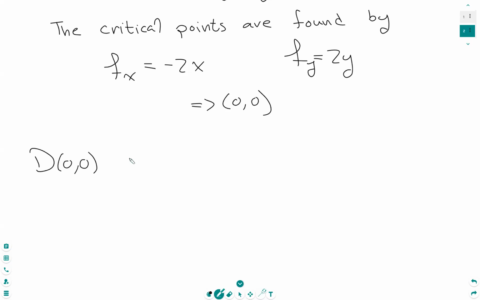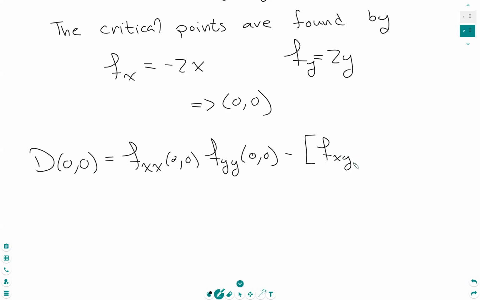So our discriminant at (0, 0) is fxx at (0, 0) times fyy at (0, 0) minus fxy at (0, 0), and this is squared. Okay, so we take our second derivatives and plug in (0, 0).